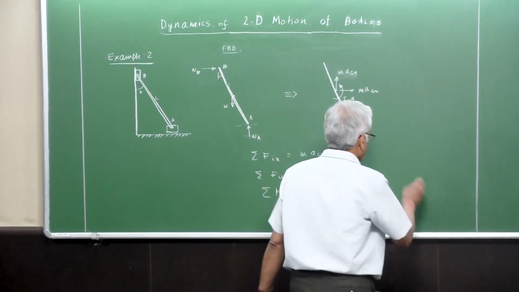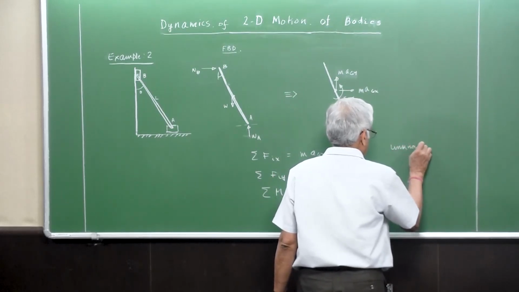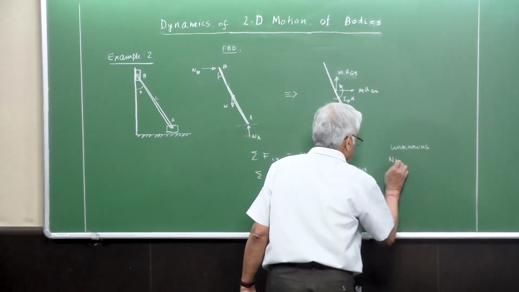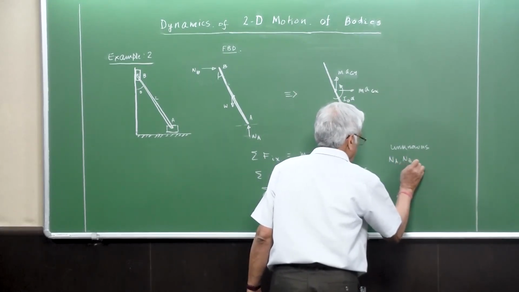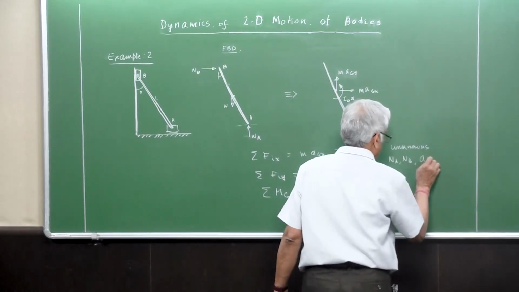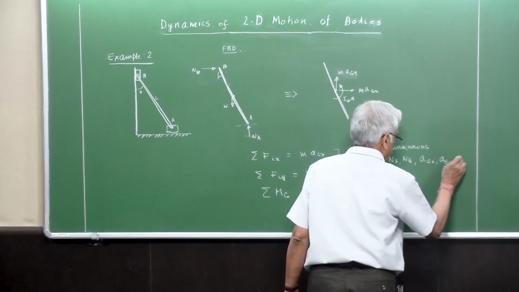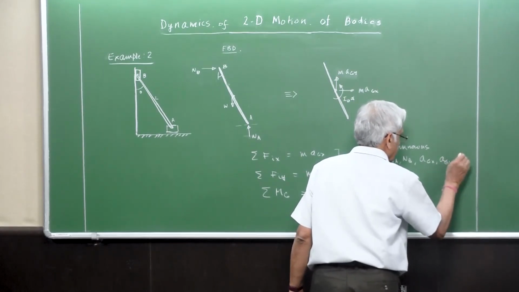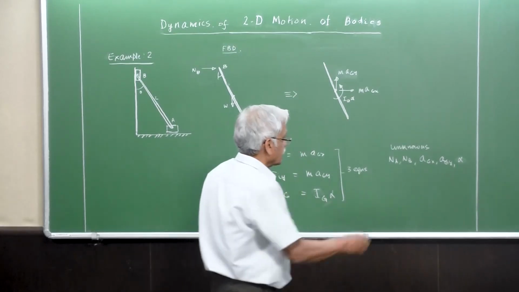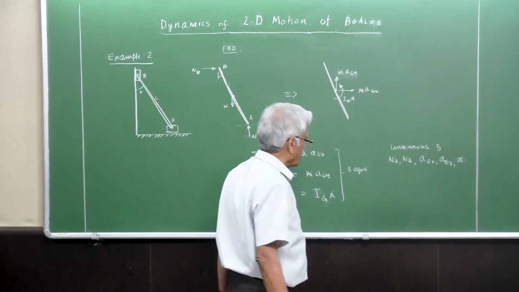How many unknowns are there here? If you count the unknowns, we have the reactions Na and Nb. Okay, and what else? Three acceleration components. Okay, so we have five unknowns and three equations here.